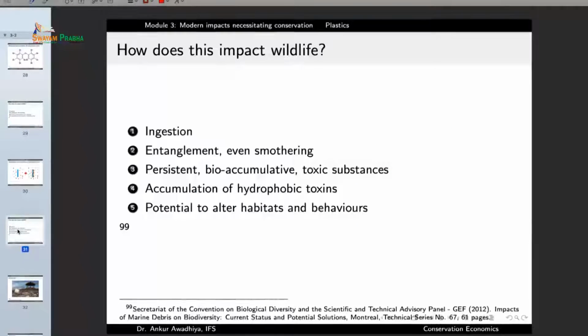Then they also have the potential to alter habitats and behaviors. Habitat, as we have seen, is the natural home or abode of an organism, and plastics have the potential to change the homes of animals. Once their homes are changed, their behaviors also change.